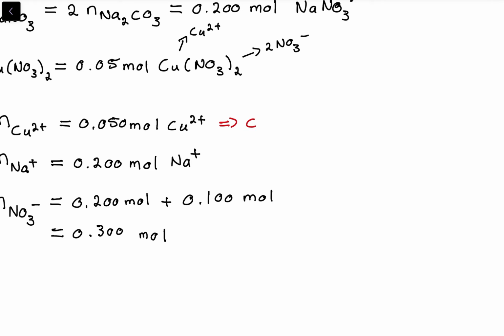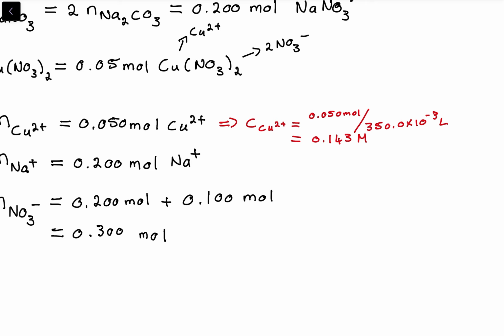So that means the concentration of copper 2+ is equal to, where's copper 2+? So it's equal to the 0.050 mole divided by the 350.0 times 10 to the power negative 3 liter, and gives you a value of 0.143 molar. And of course, each of these is divided by the same volume.